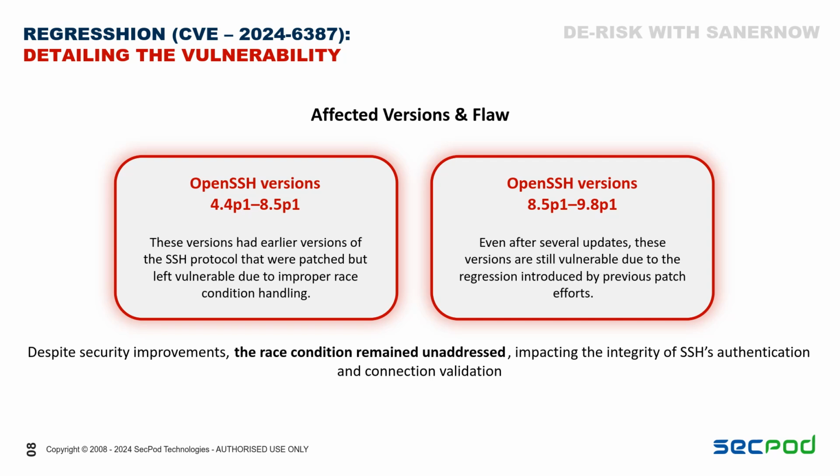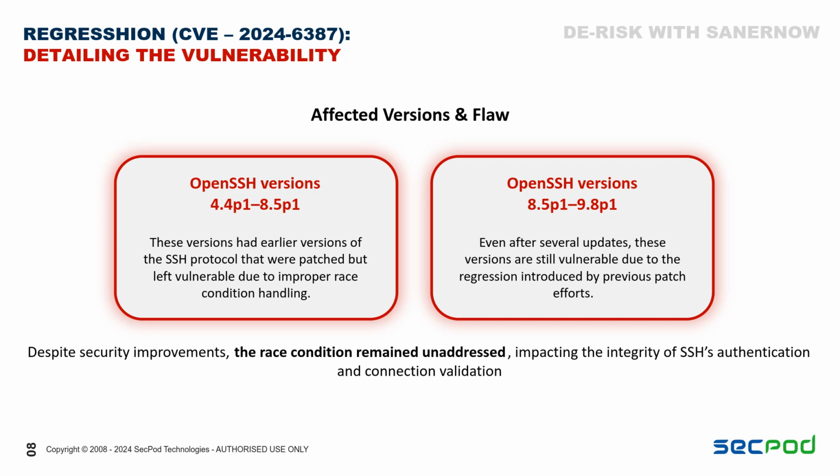What's striking is that even with the incremental updates, the vulnerability persisted due to improper handling of race conditions in the SSH protocol. Earlier versions patched some issues but introduced others. This is a classic example of how we try to fix a problem with patching without addressing the underlying system flaw itself.